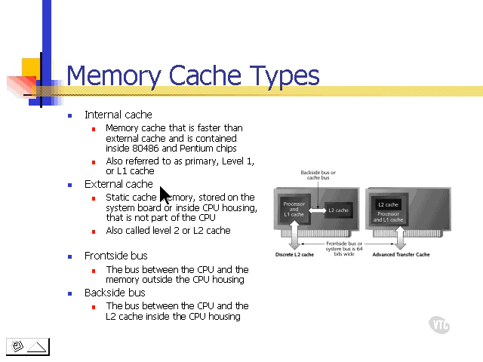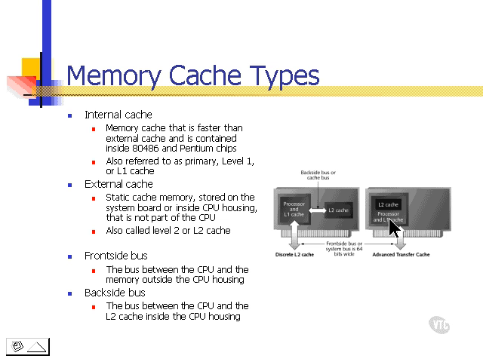And then there's what's called external cache or L2 cache, and this cache is stored either inside the module with a processor or actually outside on the system board itself. Depending on where the cache is stored, we have two different types of buses.